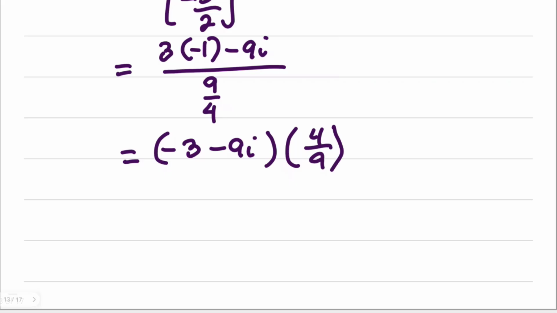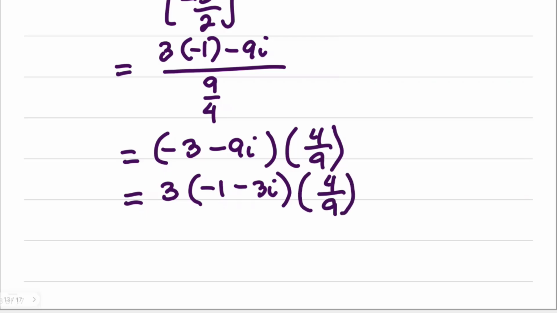Our numerator can have a factor of 3. So we have here 3 times -1 and minus 3i, and you will have 4 over 9. We're doing that because we can simplify this and that, leaving 3 in our denominator. So our final answer here is 4/3 as a whole times this. 4/3 times -1 is -4/3.